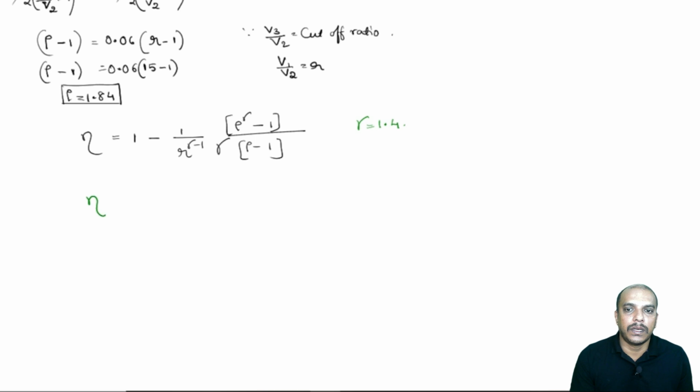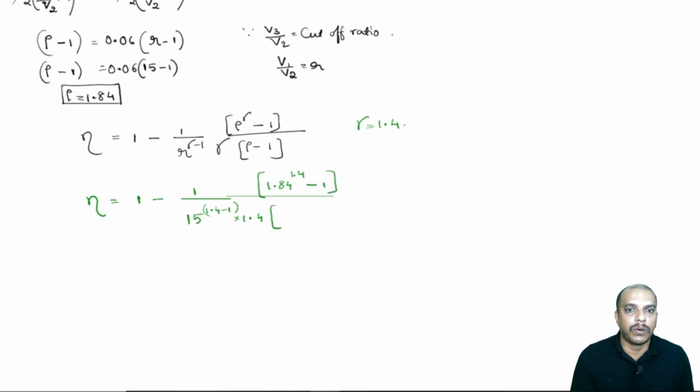I think we must be able to solve this equation. Now, the efficiency will be equal to 1 minus 1 by R to the power gamma minus 1, where R is now 15, which is given, and gamma minus 1 is 1.4 minus 1, and gamma here is 1.4. And then we have rho to the power gamma, that is 1.84 to the power 1.4, minus 1. So, be careful here.